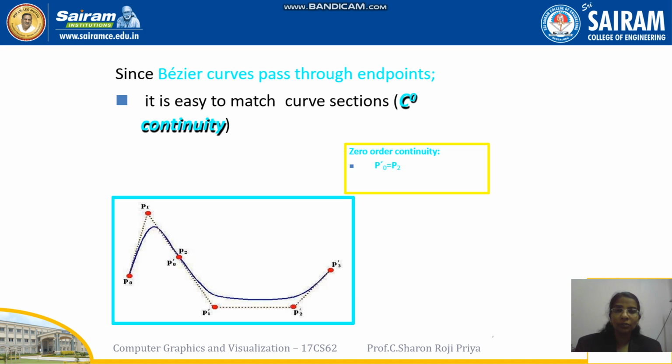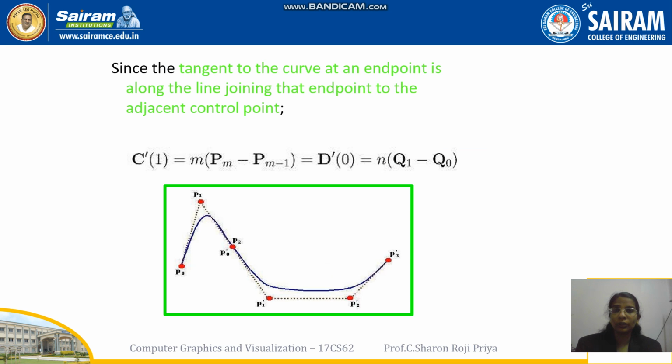Next we can see what is C1 continuity. C1 continuity means the junction point of both the curves should agree for all the XYZ values, and at the same time, it should agree for the first derivative. The first derivative is dx by ds, dy by ds, and dz by ds at the junction.